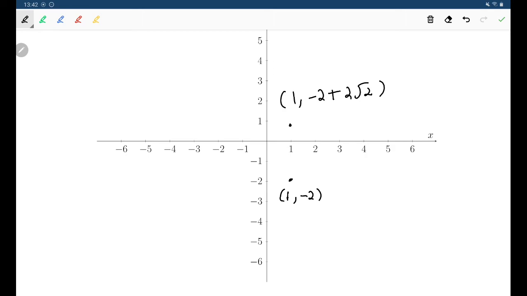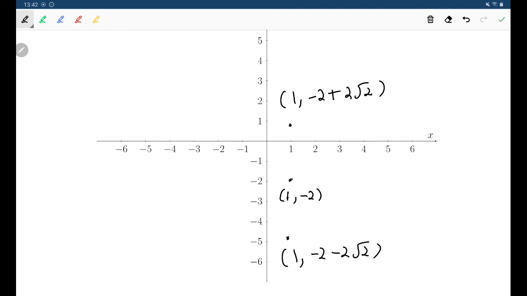So the coordinate for that point above should be 1, comma, negative 2 plus 2 root 2. And same thing is true if I'm going 2 root of 2, or almost 3 units below. The coordinates for that point would be 1, comma, negative 2 minus 2 root of 2.